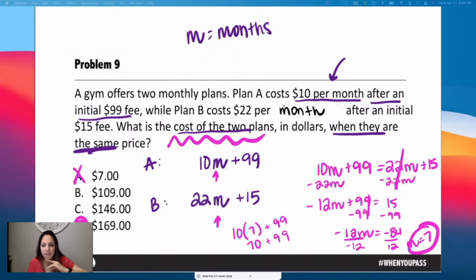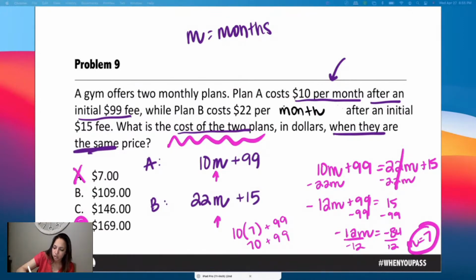You got 7, but you subtracted the 99 from the 15 first. It shouldn't matter if you subtract the 99 from the 15 first. You got 7 as your months. I'm not sure what you're saying, but it shouldn't matter. I like that you asked that question.